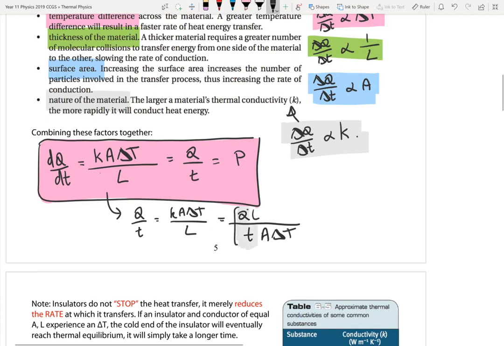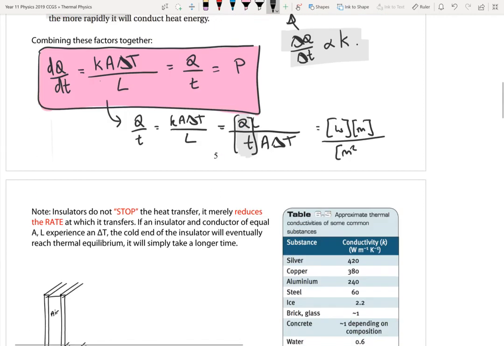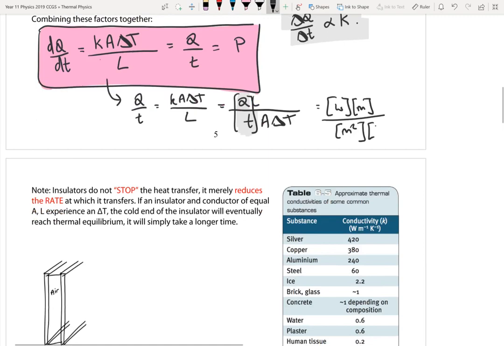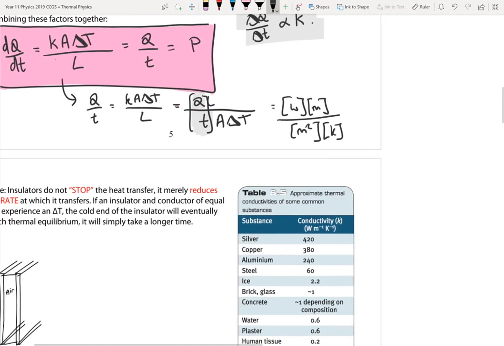So I'm going to just call that a watt times L divided by area, which is meters squared, and delta T is in Kelvin.